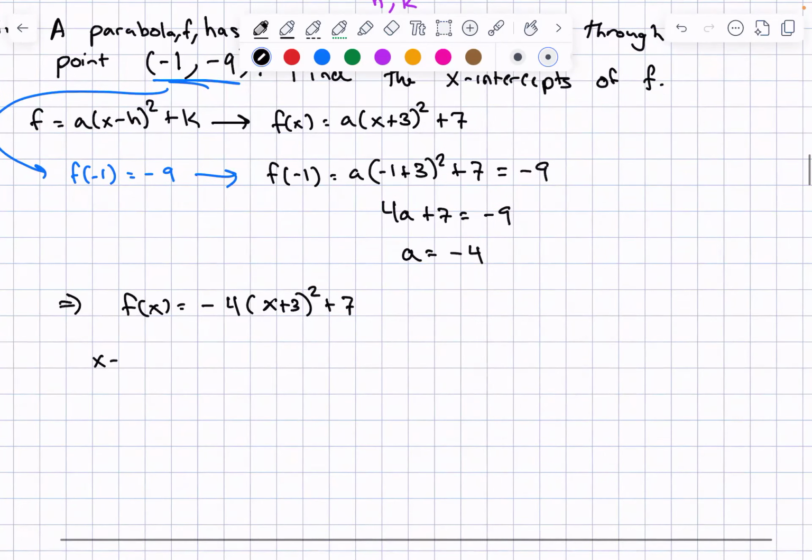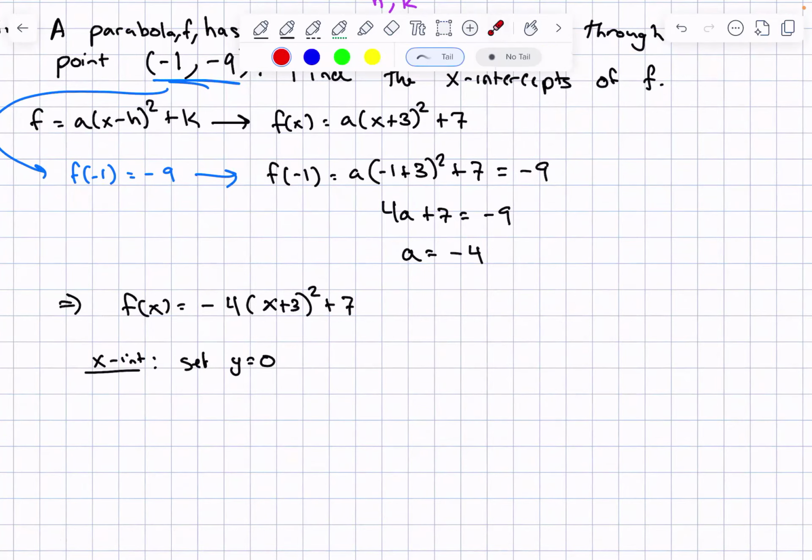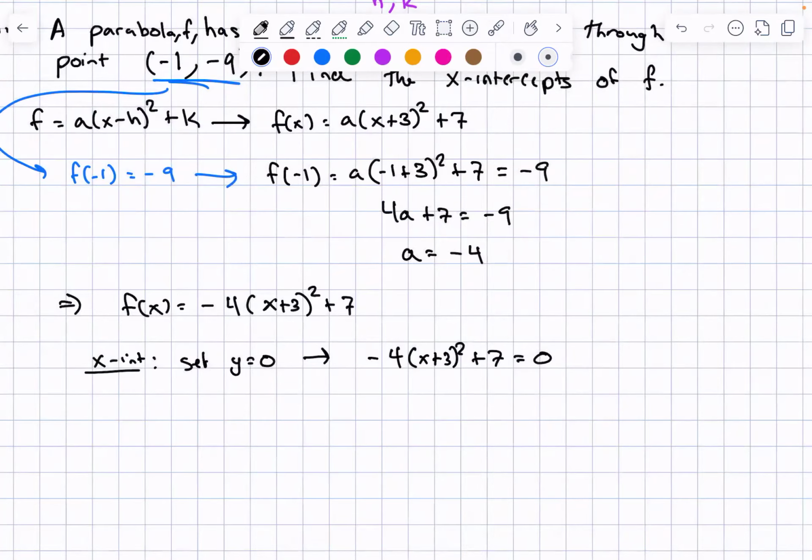So for an x-intercept, I'm setting y equal to 0, which is the same as setting f of x equal to 0. That is, negative 4 times (x plus 3) squared plus 7 is equal to 0. I could FOIL this out, do the x squared plus 6x plus 9, distribute the negative 4, simplify, and use the quadratic formula.